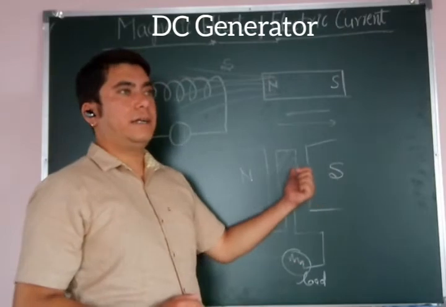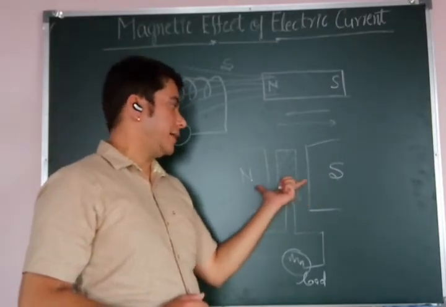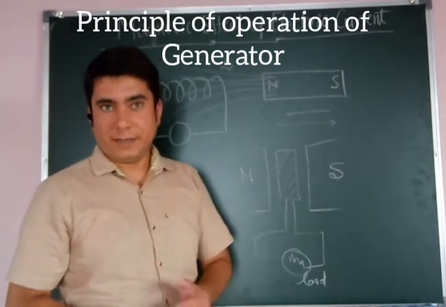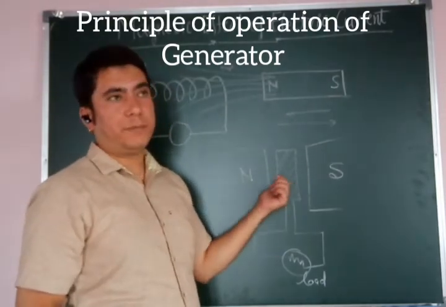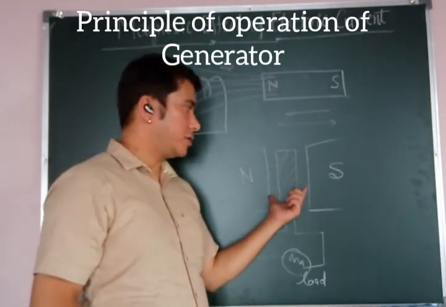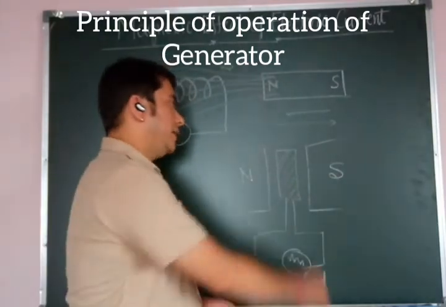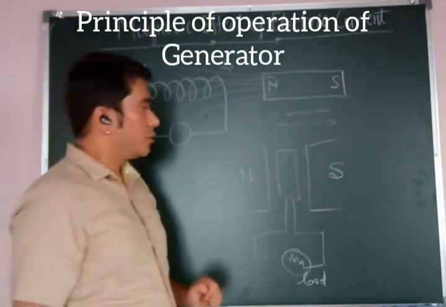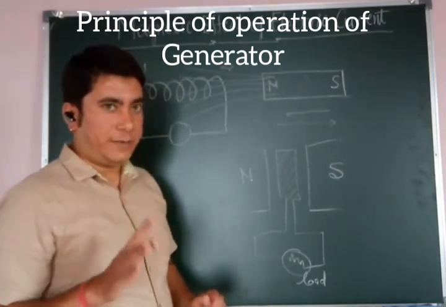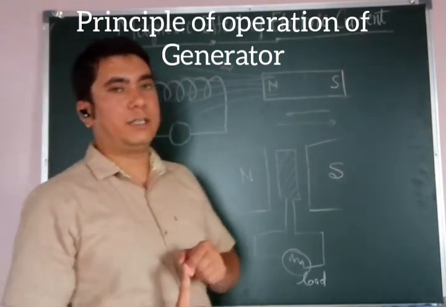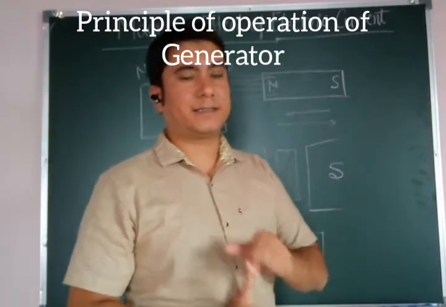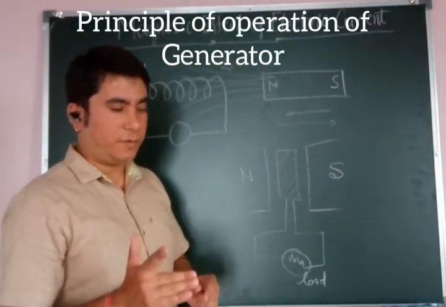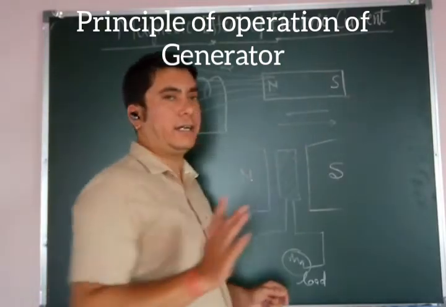Whenever a conductor moves in a magnetic field, flux linkage will change across the conductor, and an induced EMF will set in the conductor. Okay, so what will be the direction of that induced EMF? We can give the direction of that induced EMF, induced current in this circuit by Fleming's right hand rule. So I am applying the Fleming right hand rule here.